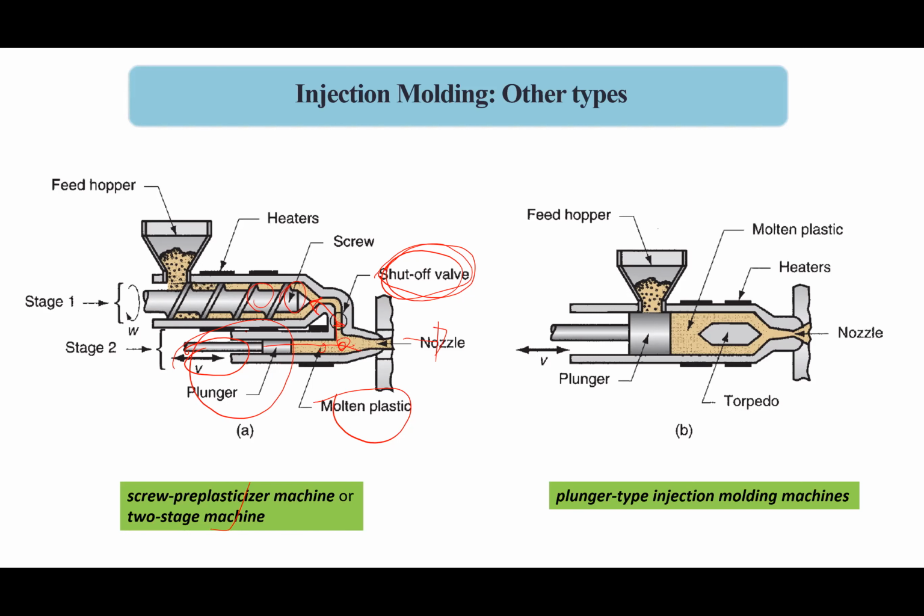Another type is the plunger type injection molding machine. In this case, it's a fixed type of machine. Only a ram is used for pushing the material through the nozzle into the mold cavity. It's an intermittent process.